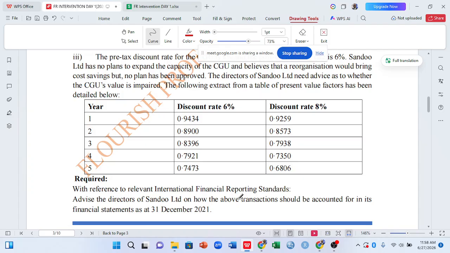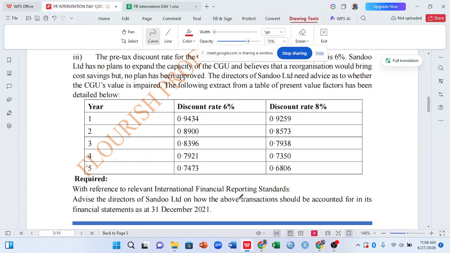The pre-tax discount rate for the cash generating unit is 8% and the post-tax discount rate is 6%. Sando Limited has no plans to expand the capacity of the cash generating unit and believes that a reorganization would bring cost savings, but no plan has been approved.